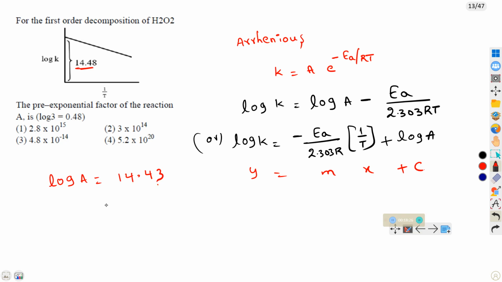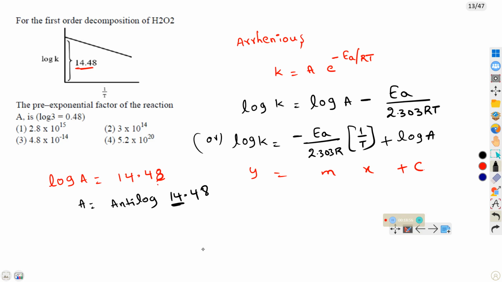It can also be written as 14 plus 0.48, which is log A. To calculate A, take the antilog of 14.48.